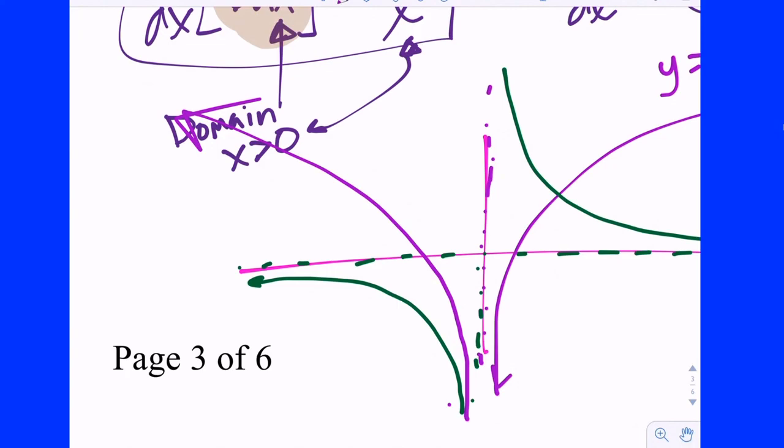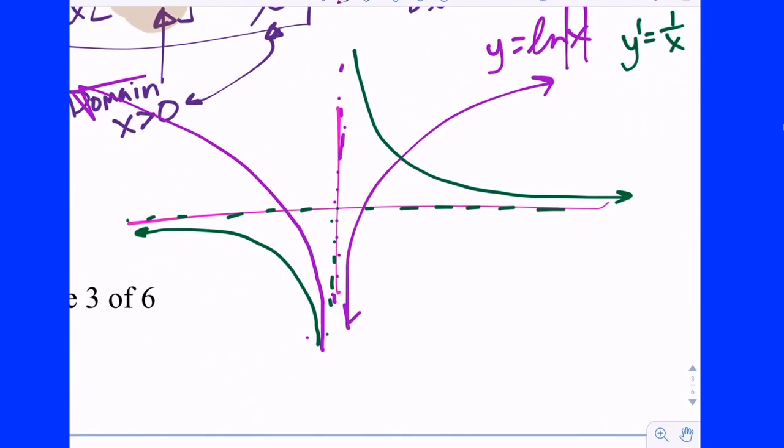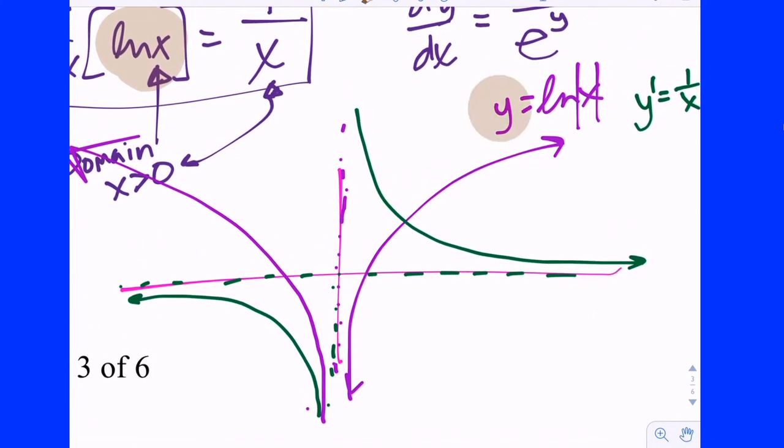So my y value should come in from something that's approaching 0, should be negative, should be decreasing towards negative infinity. Look what the y values do on this other branch of 1 over x. They're negative, and they go down and approach infinity. Based upon that, it looks like the other branch of 1 over x is a perfectly suitable derivative for the natural log of the absolute value of x.